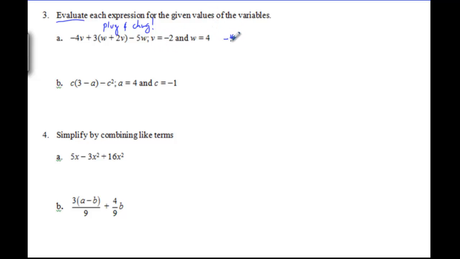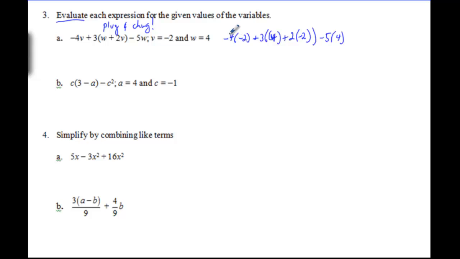So we go negative 4 times negative 2, plus 3 times w, which is 4, plus 2 times v, which we knew was negative 2, parentheses around that one, minus 5w, which is 4.